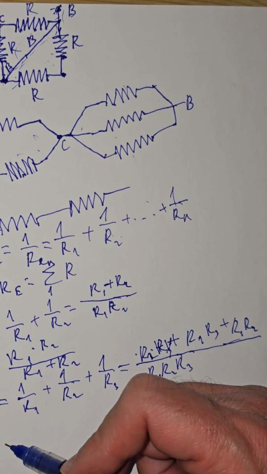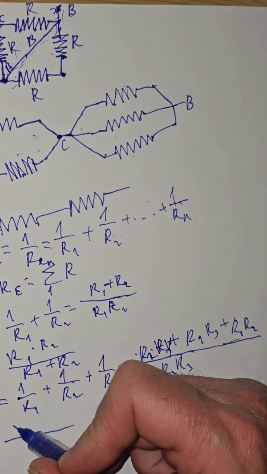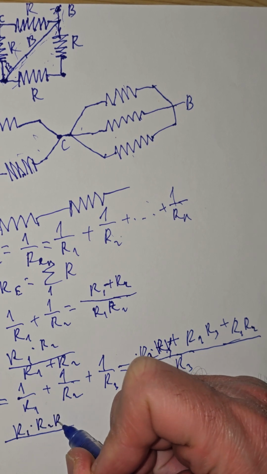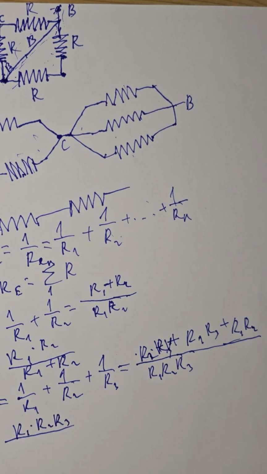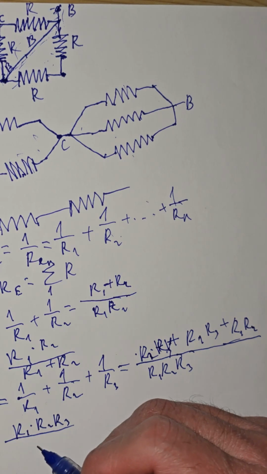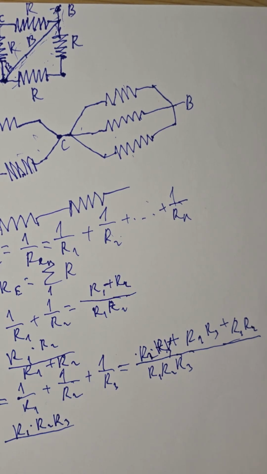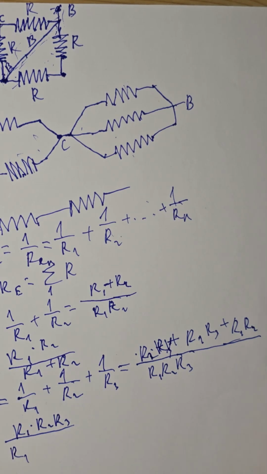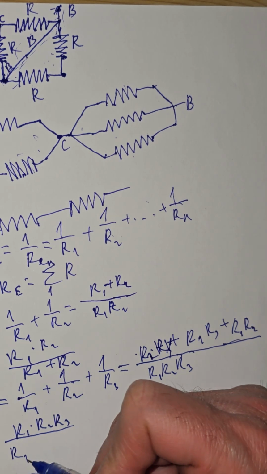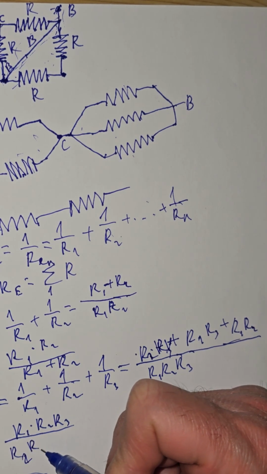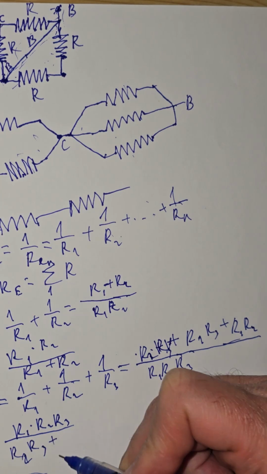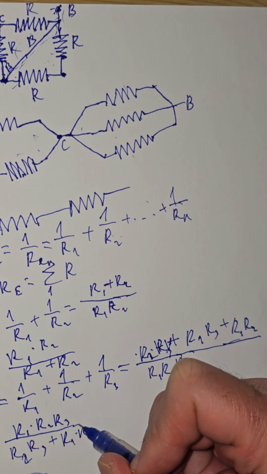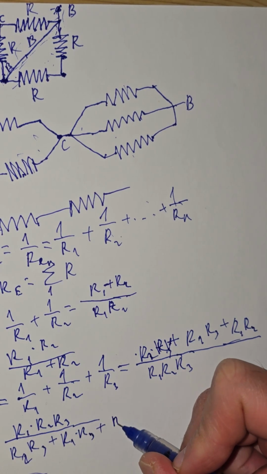R is equal to R1 R2 R3 over R2 R3 plus R1 R3 plus R1 R2.